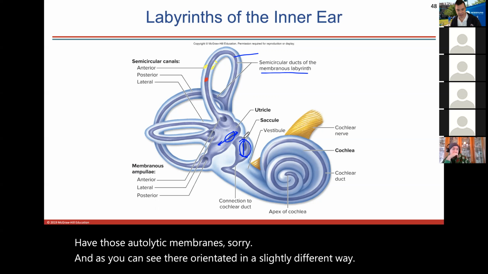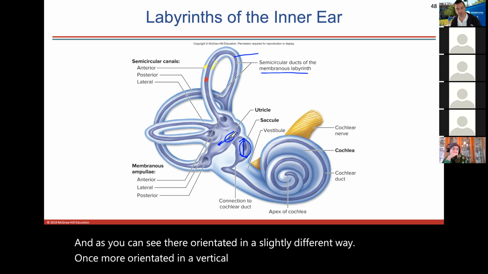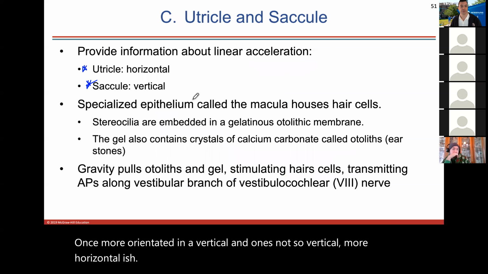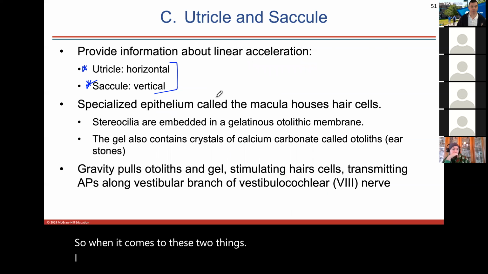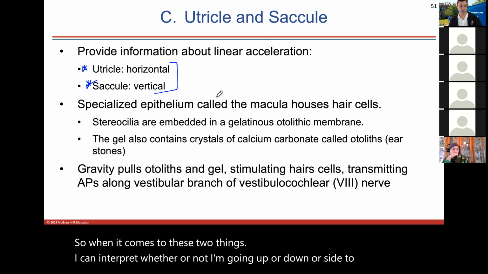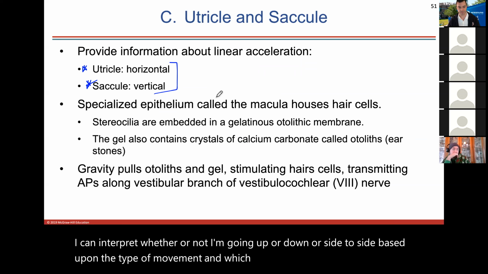One's more oriented vertically and one's not so vertical, more horizontalish. So with these two, I can interpret whether I'm going up or down or side to side based upon the type of movement and which one gets stimulated.